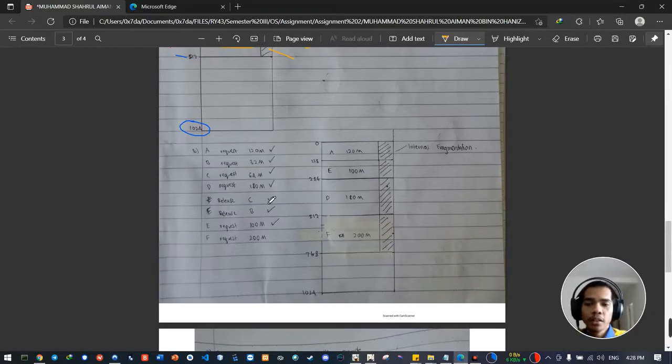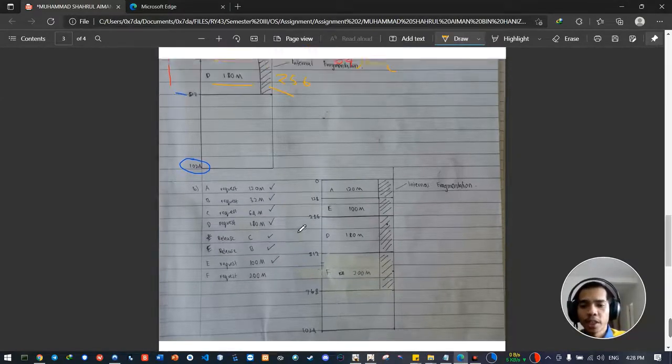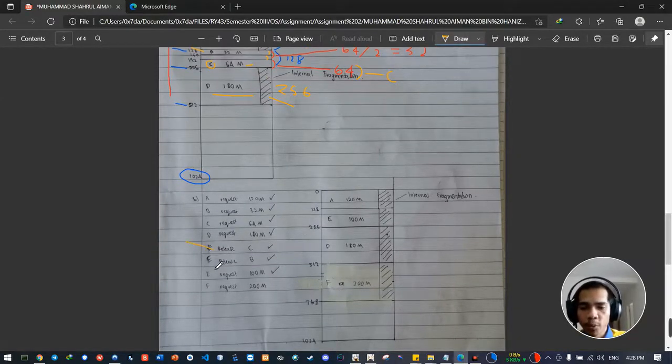So we add more processes, and we release C and we release B. We add 2 more processes, E and F. E requests 100 megabyte, F requests 200 megabyte.